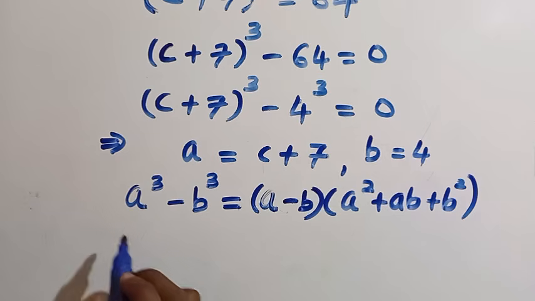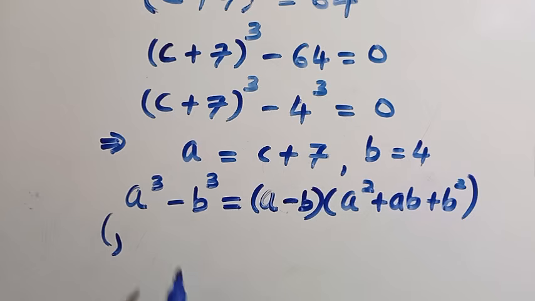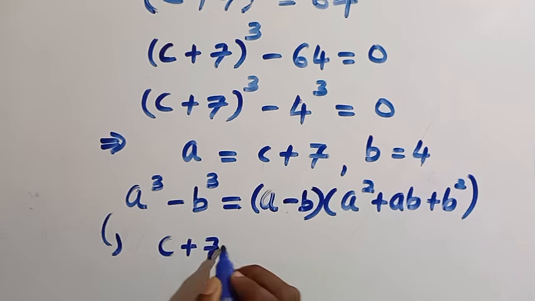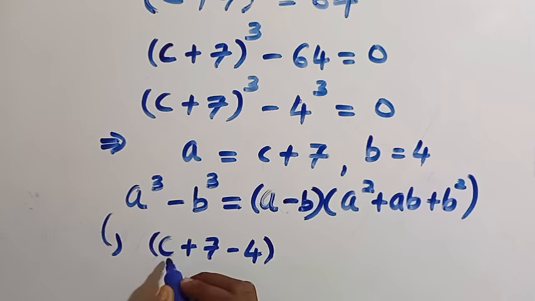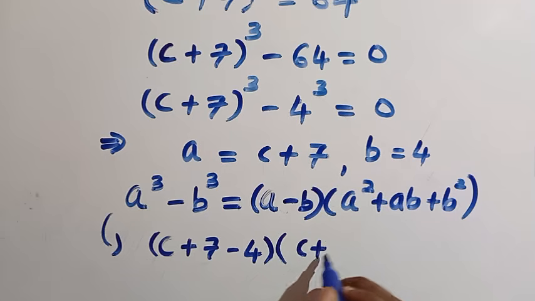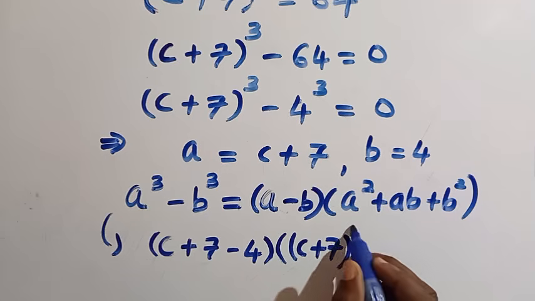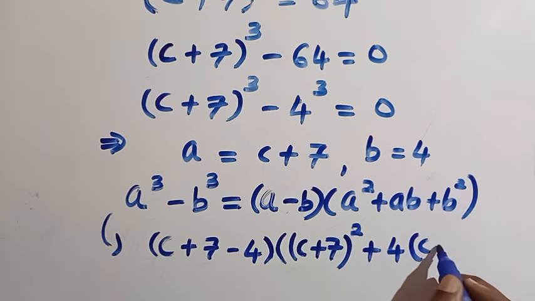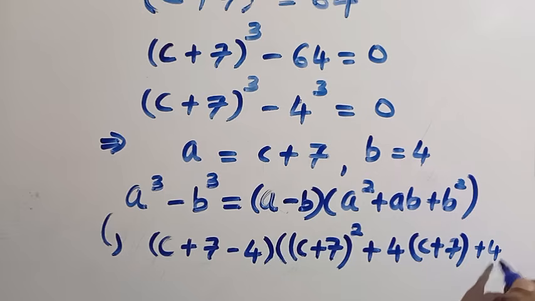By applying it, we have c + 7 and 4. For this, it gives us (c + 7 - 4), which is the first factor, and also (c + 7)^2 + 4(c + 7) + 4^2.